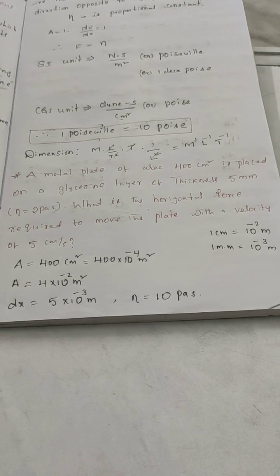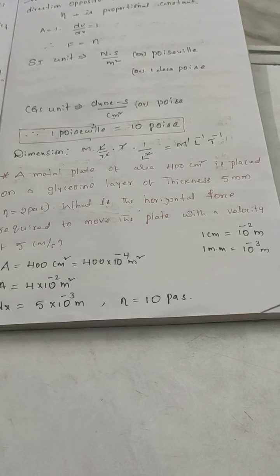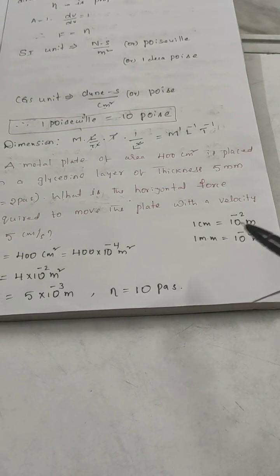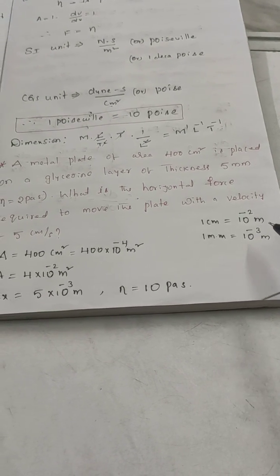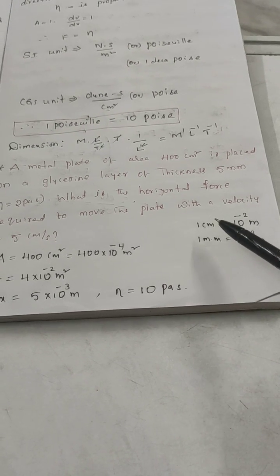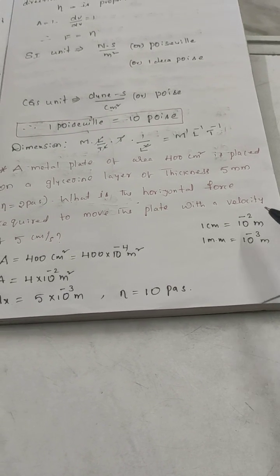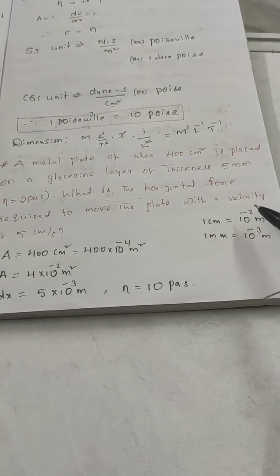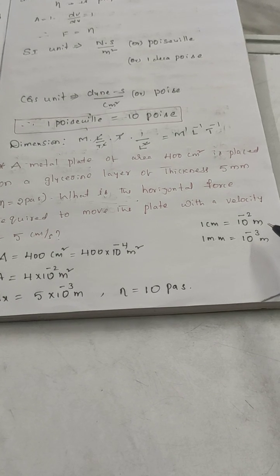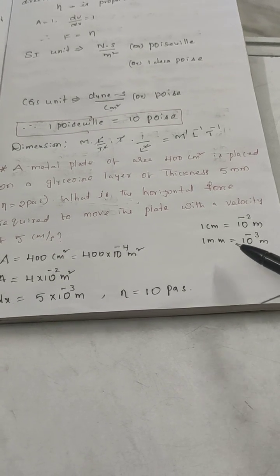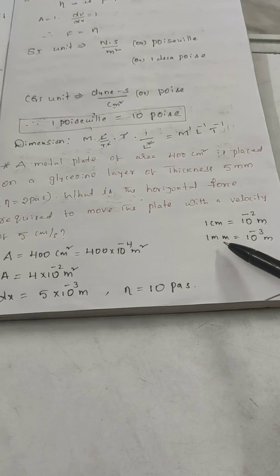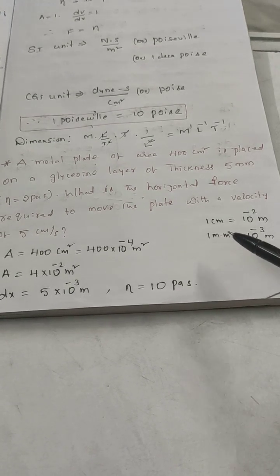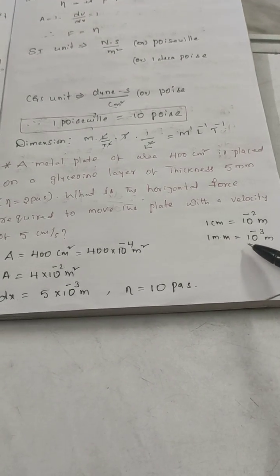Here the cross-sectional area is 400 centimeter square. Conversion: 1 meter is equal to 100 centimeters, so taking the reverse, 1 centimeter is equal to 10 to the power of minus 2 meters. Similarly, 1 millimeter is equal to 10 to the power of minus 3 meters.